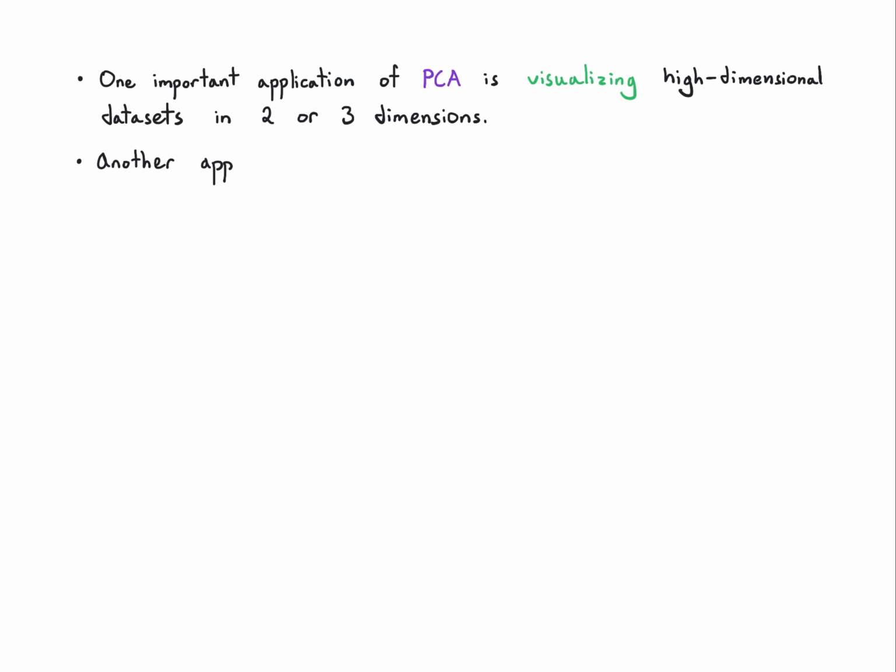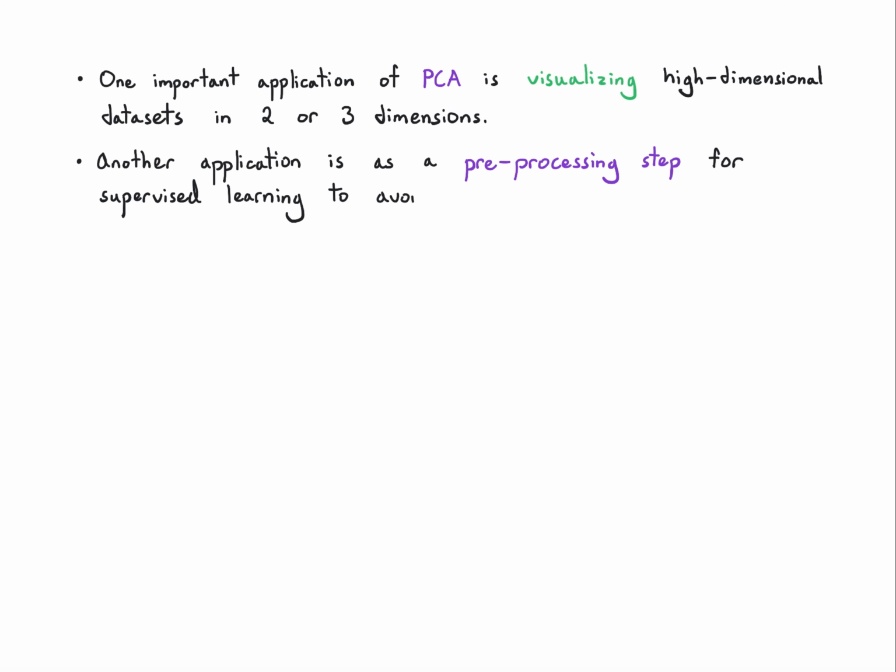Another application, which we're going to use directly, is as a pre-processing step for supervised learning. I mentioned that PCA is an unsupervised learning technique, but you can use it in supervised learning as a step in your pipeline to avoid overfitting. You can also use it for learning distributions parametrically.